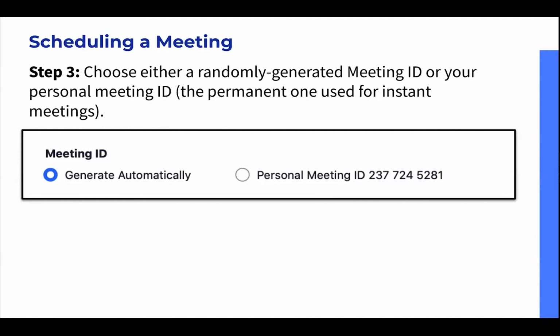But if you're doing something like coffee chats or allowing people to book an appointment with you, you can use your personal meeting ID. That way people all have the same link to join. So it depends on preference, but most of the time what I see people do is they just generate automatically a meeting ID.